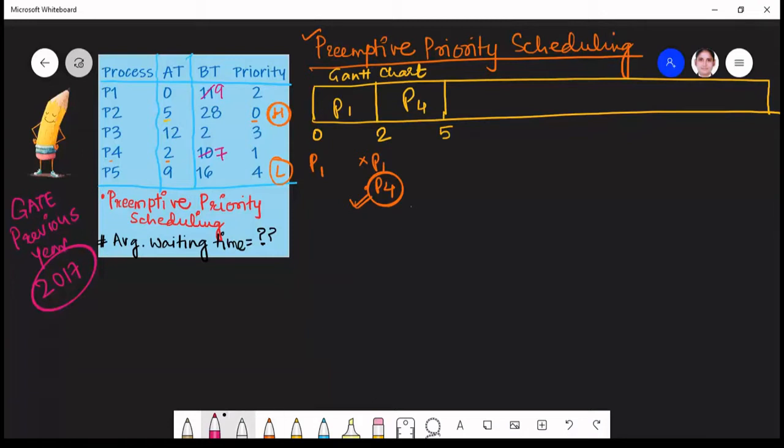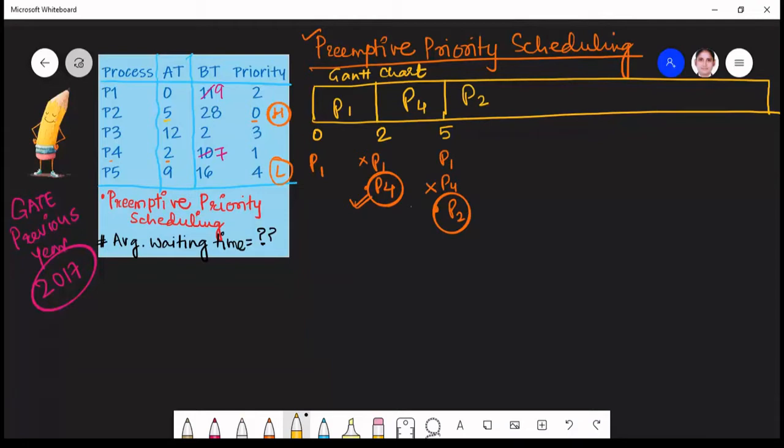Now P1 is already there and P4 is also there, but P2 has arrived, and its priority is the highest among P1 and P4. So it is going to preempt P4 and take the CPU. Now P2 is going to run for all its burst time.